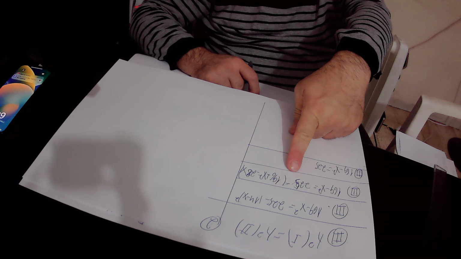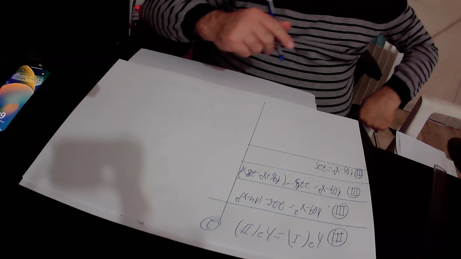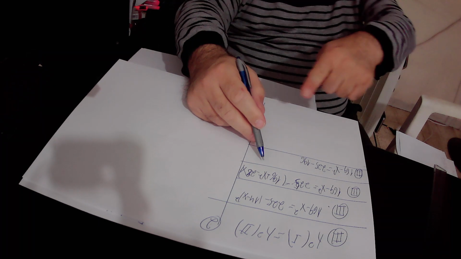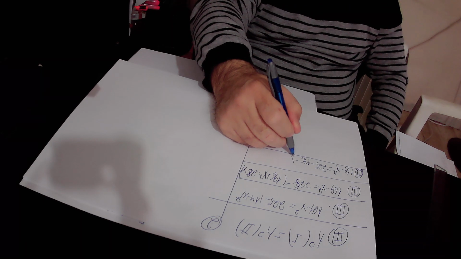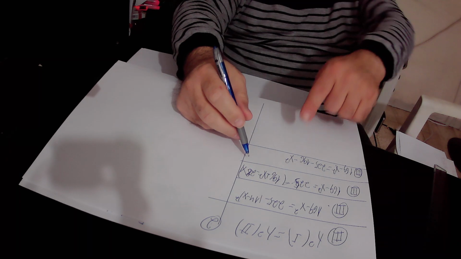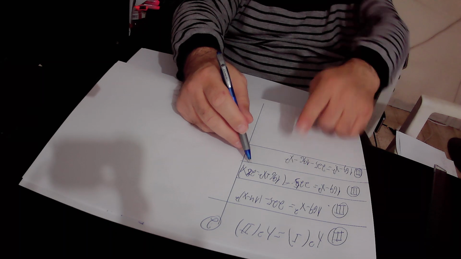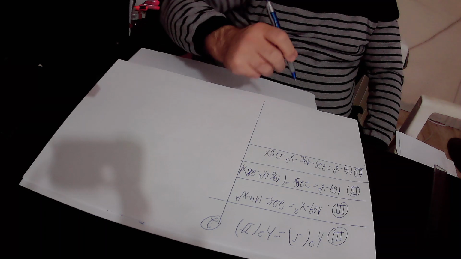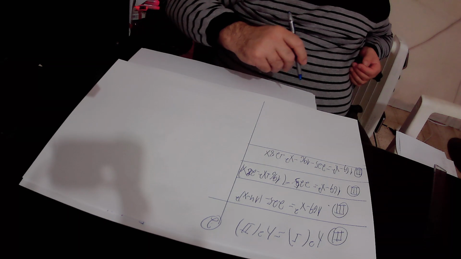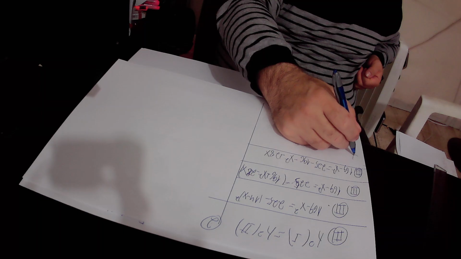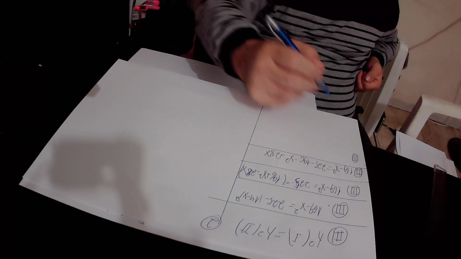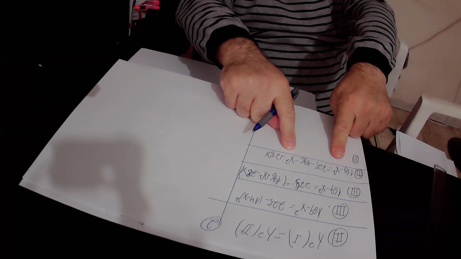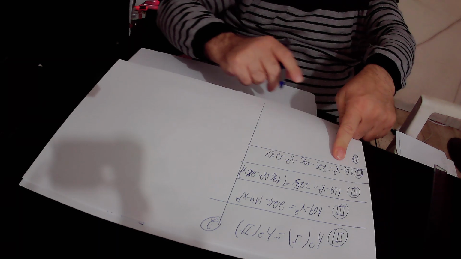We get here minus 196 minus x squared. Minus and minus is plus, so it is plus 28x. So we found out that according to equation number 3, here we have minus x squared on both sides of the equation, so minus x squared will get cancelled.